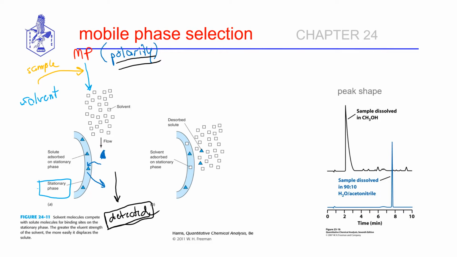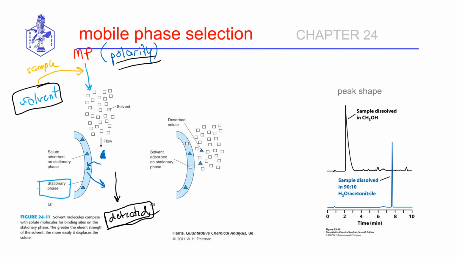A second consideration is the solvent that we're dissolving our sample in. That is important as well. We're looking to the right at 2 chromatograms. This is for the separation of N-butyl aniline.